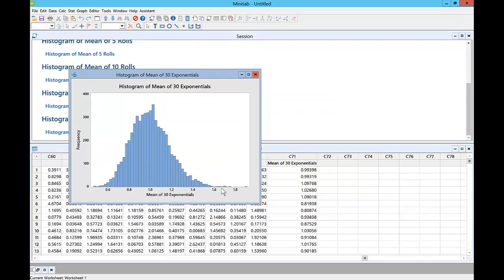You can see this is starting to look like a normal distribution. And in fact, because we have 30 observations, it doesn't matter what distribution we're sampling from, we can use the normal random variable to approximate this. So we've shown that the shape of the distribution converges to the normal distribution, but there is more to the central limit theorem.